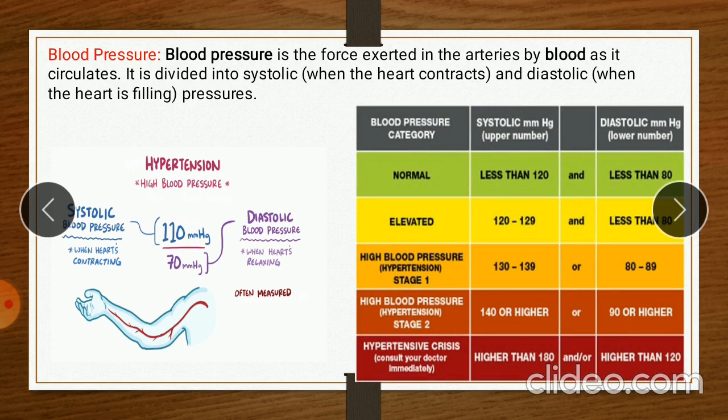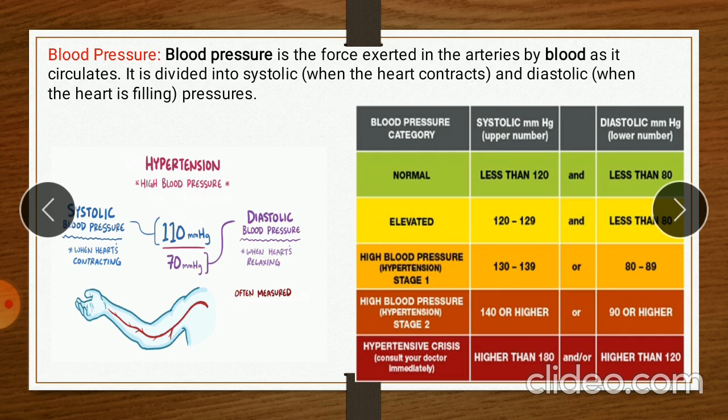In this table, the normal value is given. Systolic normal is less than 120 and diastolic less than 80. Then elevated blood pressure: systolic 120 to 129 and diastolic less than 80. Then high blood pressure, called hypertension stage 1: systolic 130 to 140 or diastolic 80 to 90.